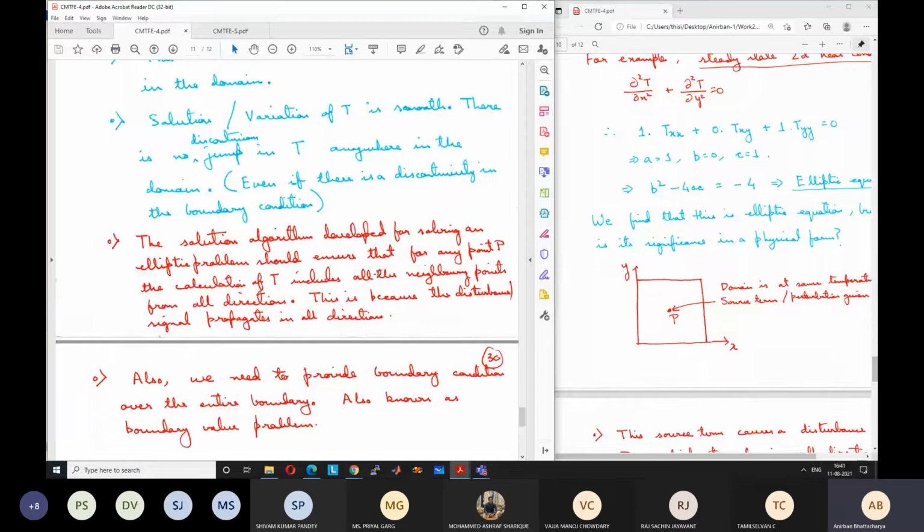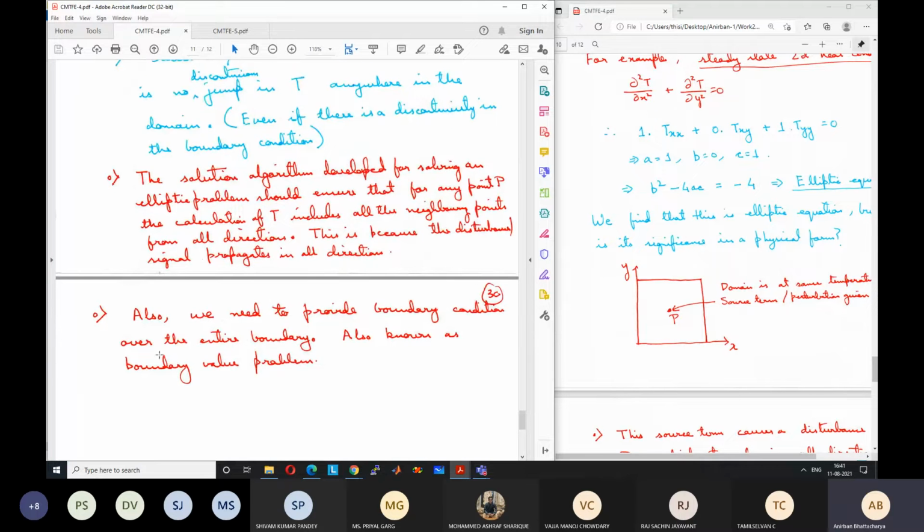Another point is that for this type of problem, we need to provide boundary conditions over the entire boundary. So here these are the boundaries, right? The x equal to 0 line, x equal to some final line, y equal to 0, and y equal to some final line. At all these points, the entire boundary, we need to give a boundary condition.